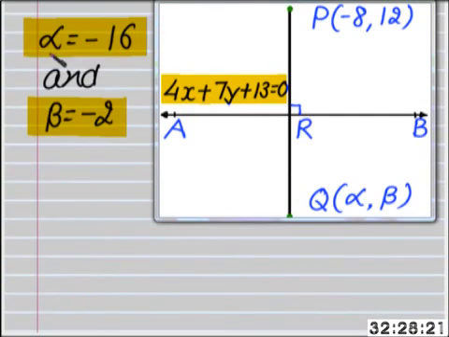So we get the values of alpha and beta as alpha equal to minus 16 and beta equal to minus 2.